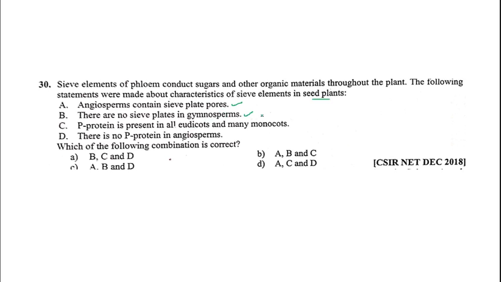Sieve cells are present in gymnosperms. P protein is present in all eudicots and many monocots. Yes, it is absent in gymnosperms, but present in all eudicots and many monocots of angiosperms. There is no P protein in angiosperms. This is wrong. P protein is specific to angiosperms. So A, B, C are the right ones. This is the correct answer.